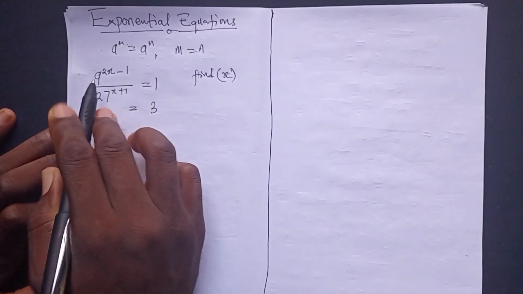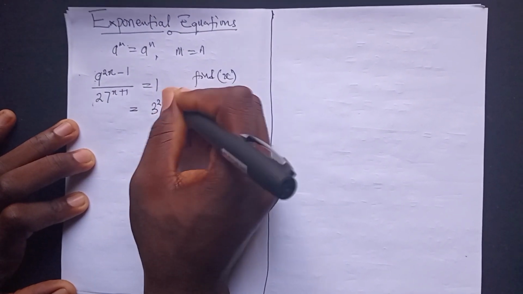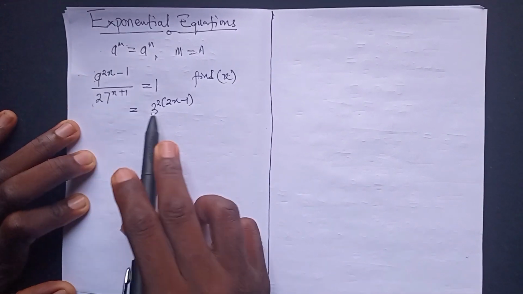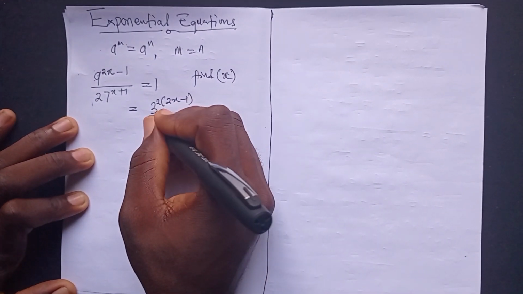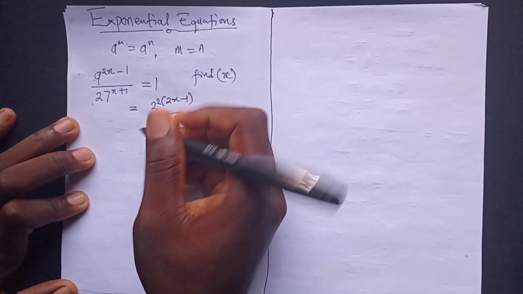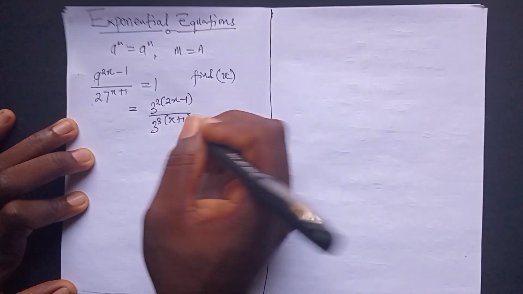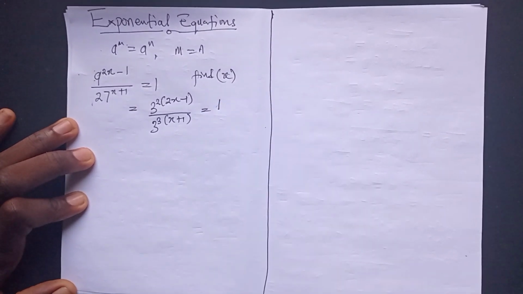So this is equal to 3 raised to power 2, all in bracket, 2x minus 1. 3 raised to power 2 is 9, 3 times 3. Over 27, which should be 3 raised to power 3, x plus 1. 3 raised to power 3 is 3 times 3 times 3. So we have 1.